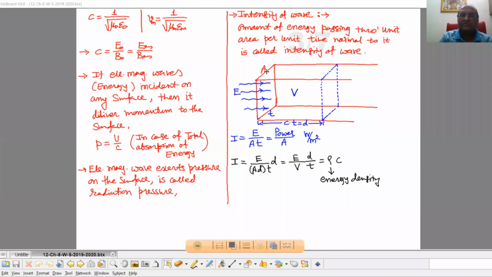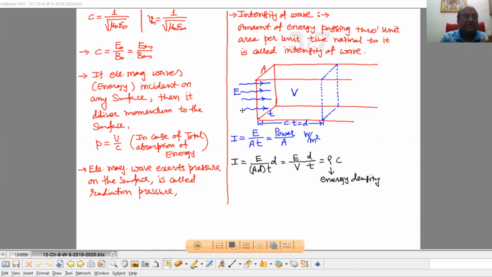Suppose, as shown in the figure, we take any plane surface having area A. Suppose the energy passing through this area perpendicular to it in total time T is E.